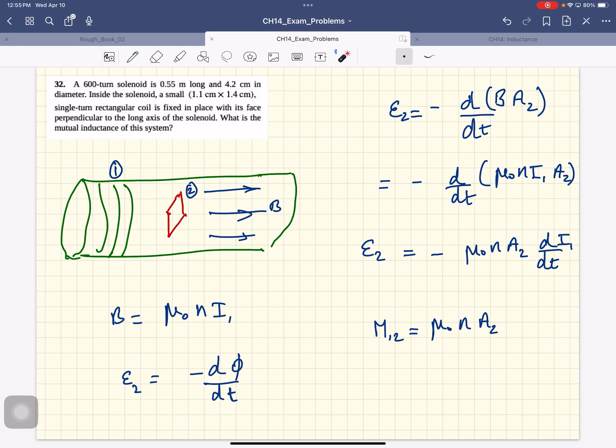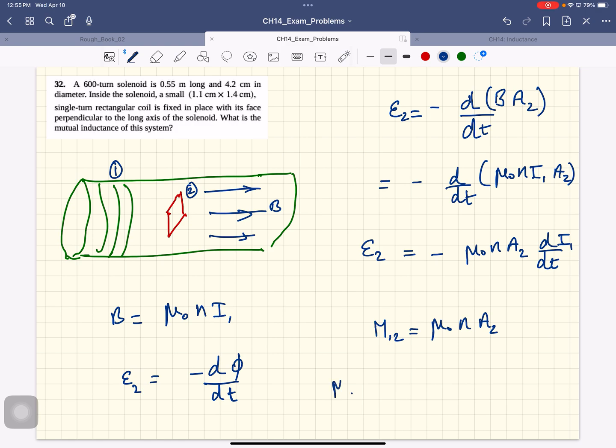The mutual inductance depends on the number of turns per meter on the first solenoid, first circuit, and the area of the second circuit. So for this particular configuration, we were able to calculate that. In general, you don't have a closed form expression like this.